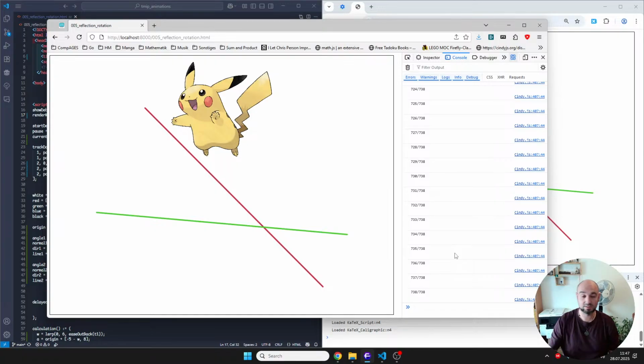And the other one is to look at the angle. So if we take, let's say, the foot here of the Pikachu and compare where it flips to. If you draw out those angles, you will see that the total angle that is moved is always the angle between those lines, and the angle between those lines is constant, so everything moves by this constant angle.